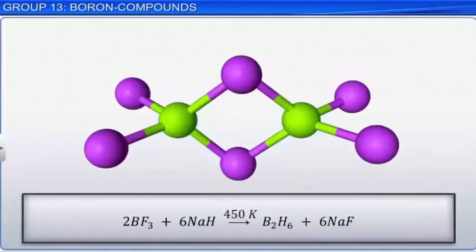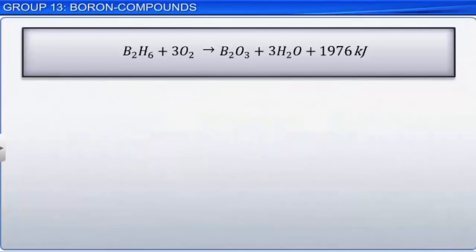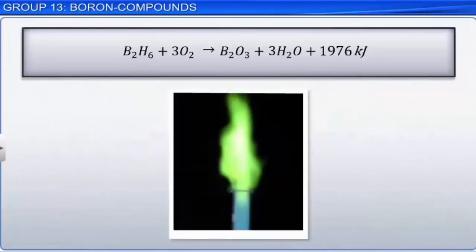The third method for preparing diborane on an industrial scale involves the reaction of boron trifluoride with sodium hydride at 450 Kelvin. Sodium fluoride is the other product of the reaction. In air, diborane catches fire spontaneously.